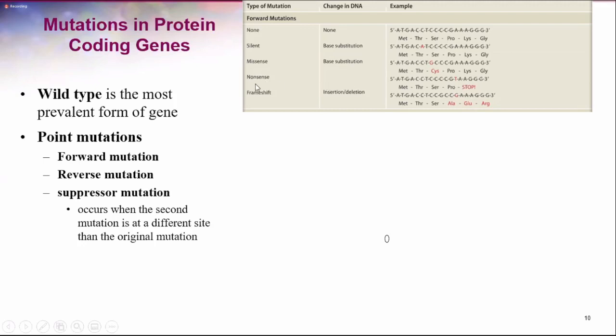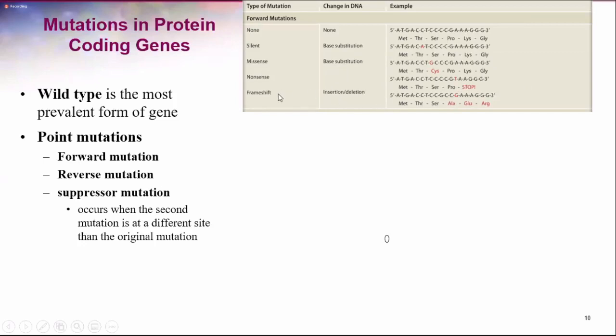This is referred to as a nonsense mutation, where this base substitution, this point mutation, resulted in conversion of a sense codon, meaning it coded for an amino acid, to a nonsense codon, meaning it does not code for an amino acid, but rather serves as a stop codon. This would result in a shorter than normal protein, what we refer to as a truncated protein, so that you have just the part of the protein prior to the stop codon, but anything after that is lacking. These proteins would be non-functional because they are not fully synthesized.